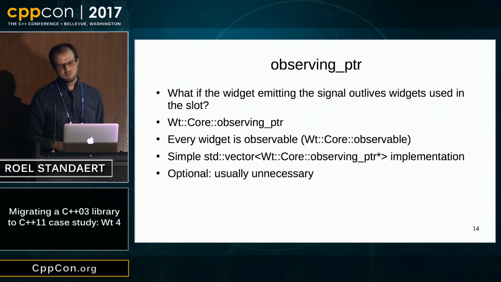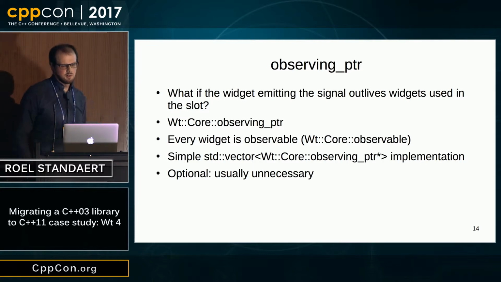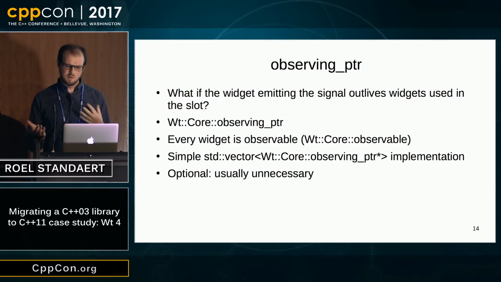Then there was just one problem that we still had to tackle: we were a bit paranoid about what if the widget that emits this signal outlives widgets that are used in this slot. That's how we came up with observing pointers. We thought, we need some kind of weak pointer, but for things that are not in a shared pointer, and that doesn't need to be thread safe.